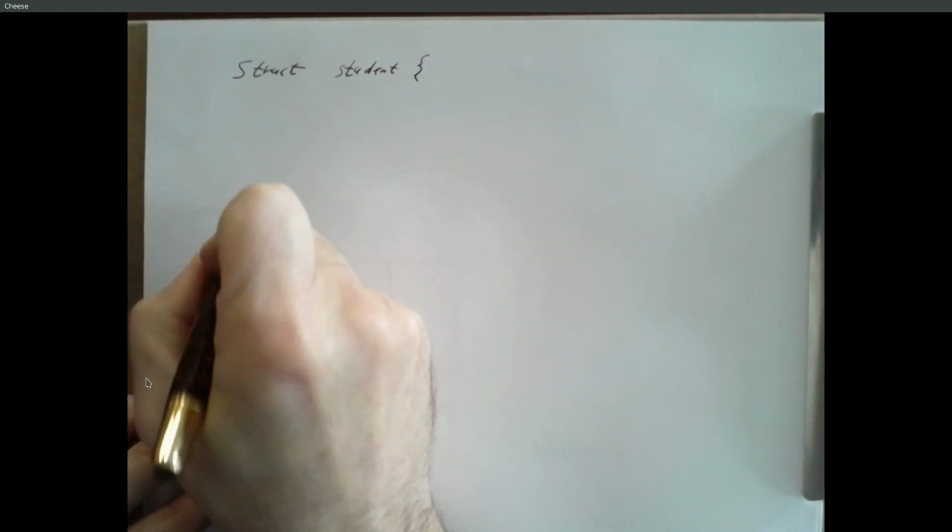The syntax is the keyword struct, followed by what you want to call the structure. Let me just call the structure student. Then you have curly brackets and a semicolon. In between the curly brackets, you list all the different fields that make up this structure. For example, I might have a name, which is 32 characters.